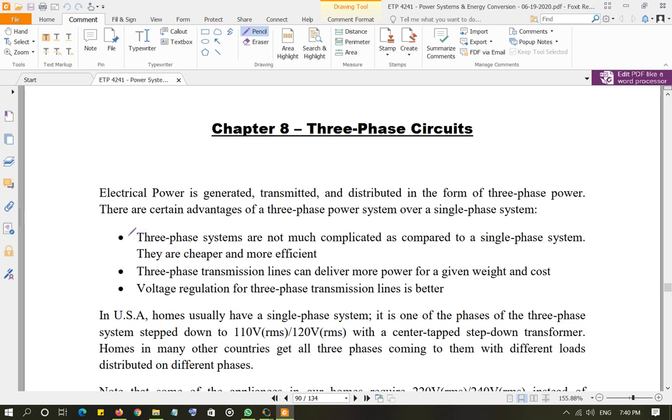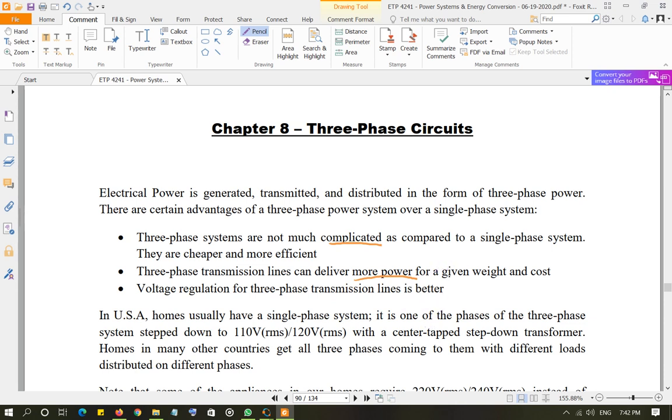So the first important quality of a three-phase system is, as I mentioned, they're not much complicated as compared to the single-phase system, and they turn out to be cheaper and more efficient in terms of power generation and power delivery. They can deliver more power for a given weight and cost of the line, and the voltage regulation, that is the voltage from no load to full load, is much better for a three-phase transmission line as compared to a single-phase transmission line.